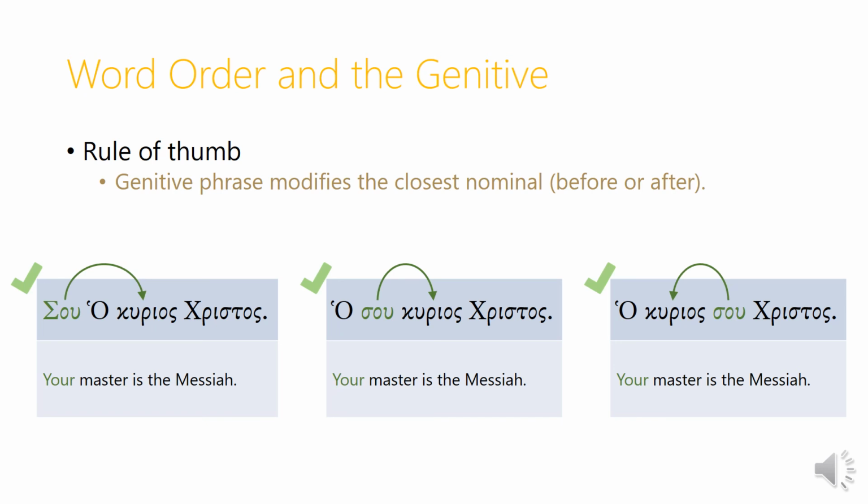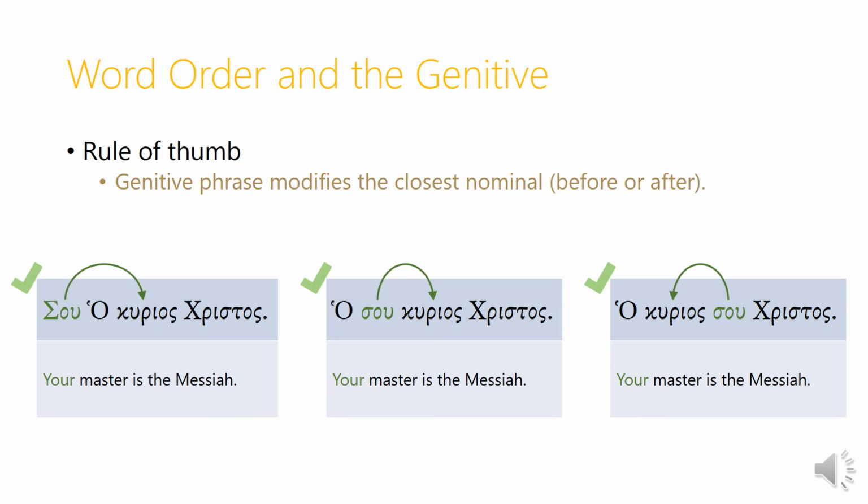We can even accept ha kurios sou Christos, because although we saw before that it's ambiguous, it's not actually misleading. It doesn't actually suggest the wrong connection for sou.